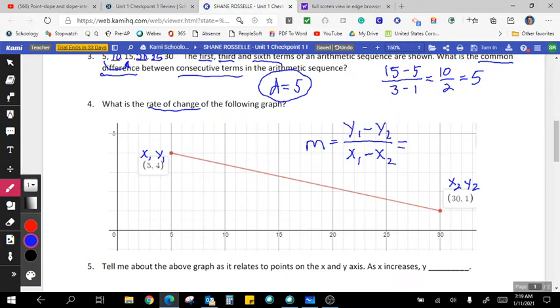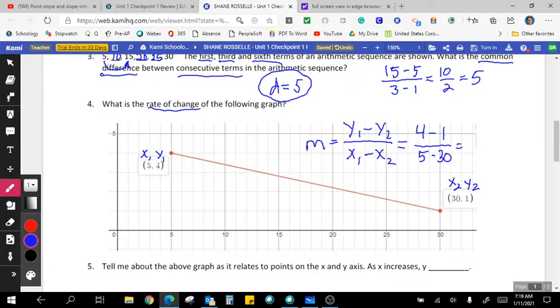Well, y1 right here is 4. What's y2? 1. Okay? And on the bottom I'm going to say x1. Okay, so what is x1? x1 is 5. Okay, what is x2? x2 is 30.